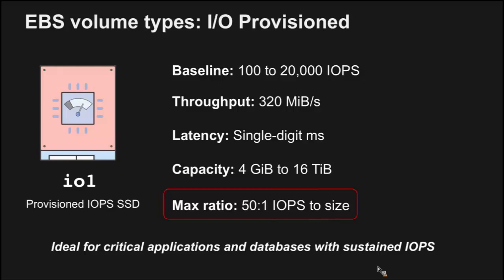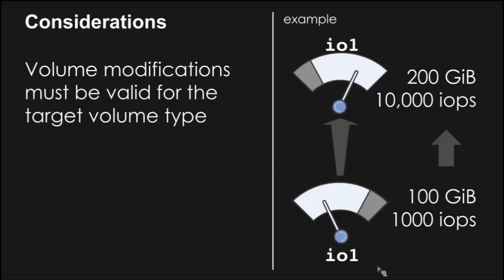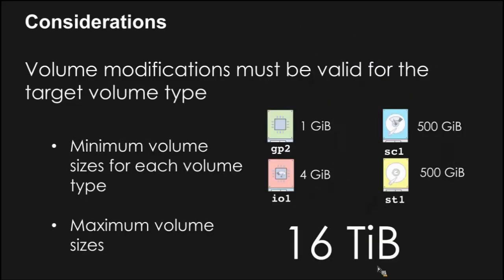Let's look at one more example. Say we want to increase the PIOPS of an io1 volume. In this example, we want to go from a 100 gigabyte io1 volume with 1,000 IOPS to a 100 gigabyte, 10,000 IOPS io1 volume.